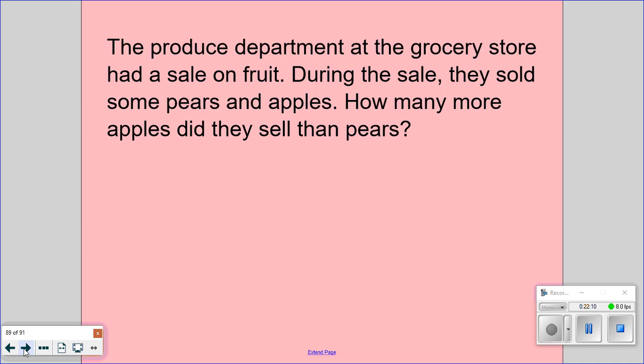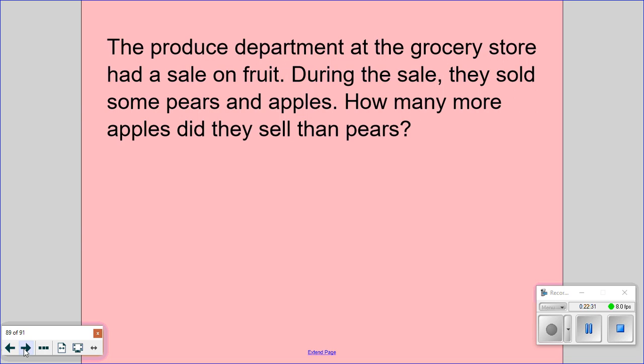Bryson, what's something we need to know? What the equation is. I don't think at a grocery store they're going to just start handing out equations. Zach, what do you think we need to know? How many pears and apples did they sell? We probably need to know how many pears and how many apples.